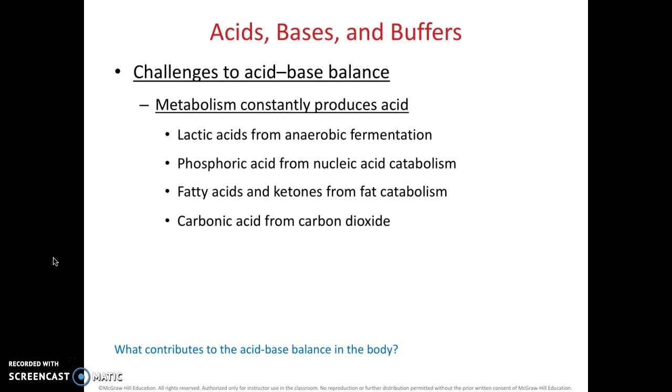You might have heard of ketones when the Atkins diet or the ketogenic diet were in style. You would want to be in ketosis, which is where you're creating ketones. And then there's also carbonic acid from carbon dioxide. I don't expect you to remember these exact acids, but do remember that metabolism is constantly producing acid, and this is something that the body has to fight.